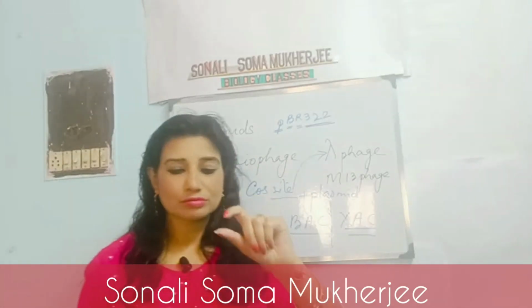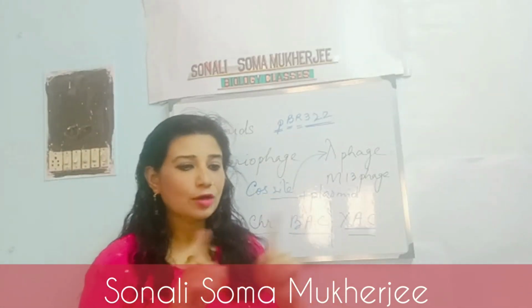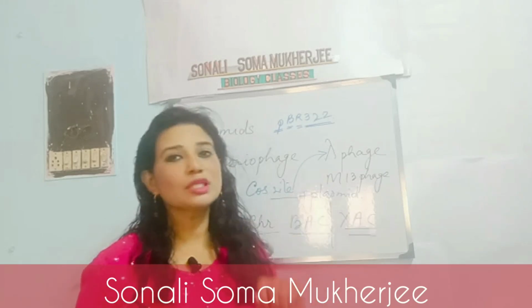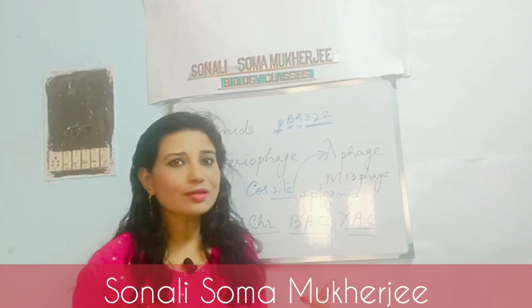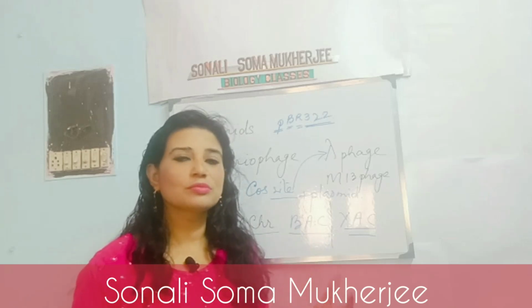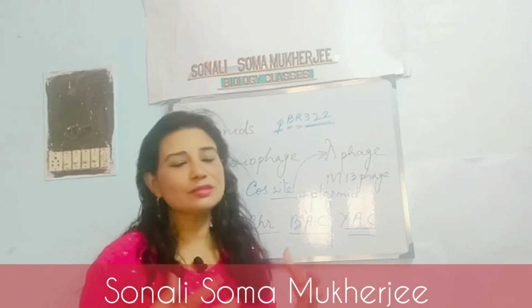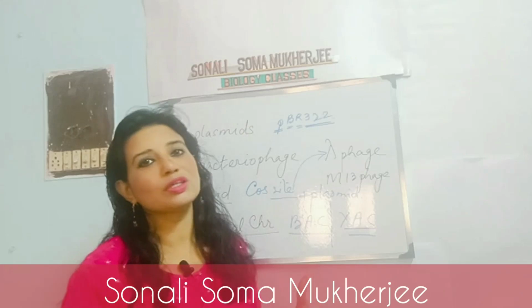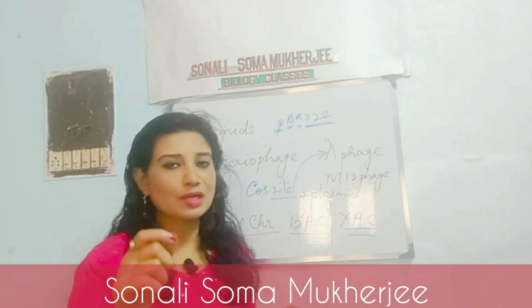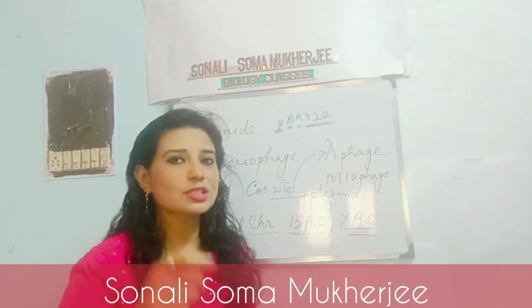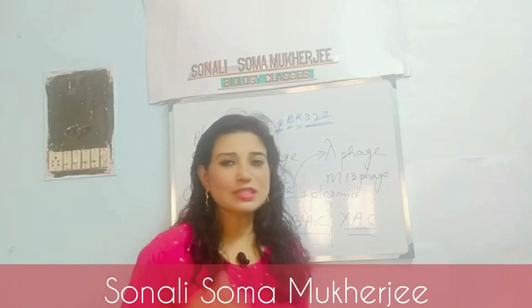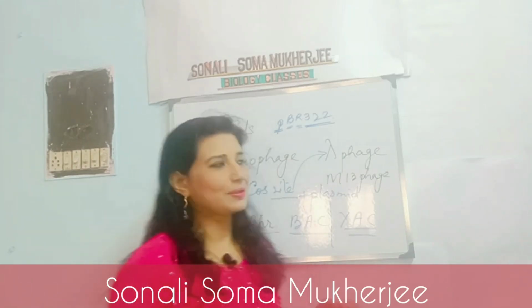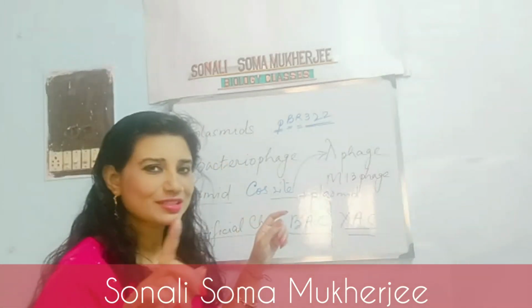Then, as I said, ORI, ROP and a multiple cloning site should be there. The multiple cloning site is where the vector integrates the DNA sequence. That place is where the restriction endonuclease will be cleaving, and if there are multiple choices, it will be preferred. So keep that point in mind.